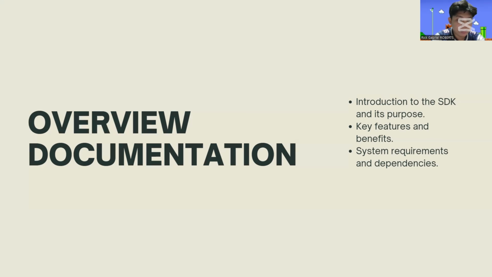For example, the introduction is a brief explanation of the SDK. Then we have the key features. It lists the main functionality such as API integration, security protocol, or performance optimization. We also have the system requirements that specify the necessary operating systems, programming languages, and dependencies needed for the SDK to work properly.